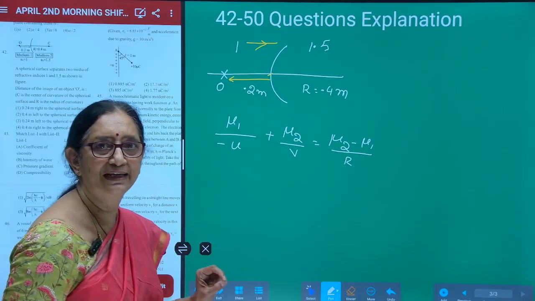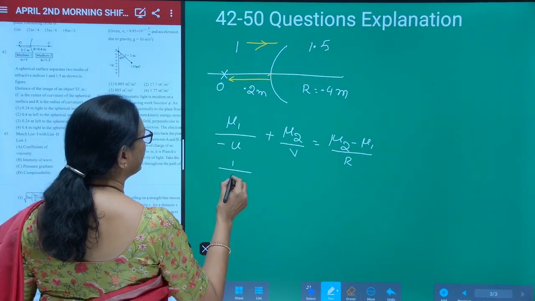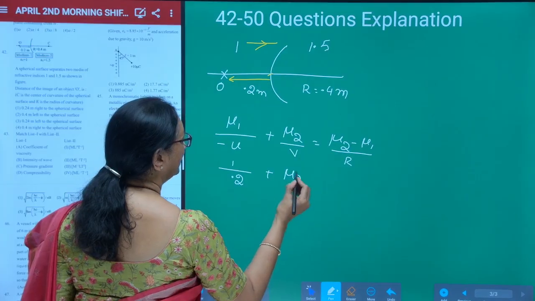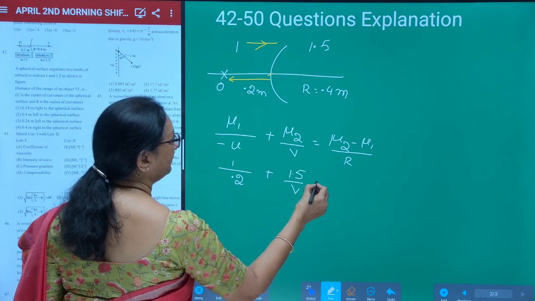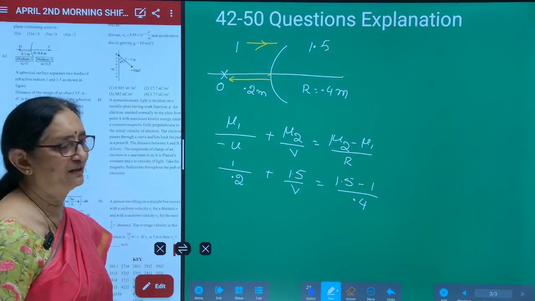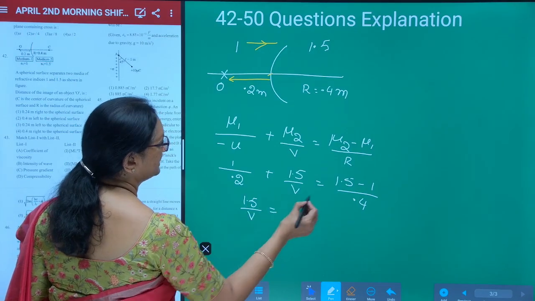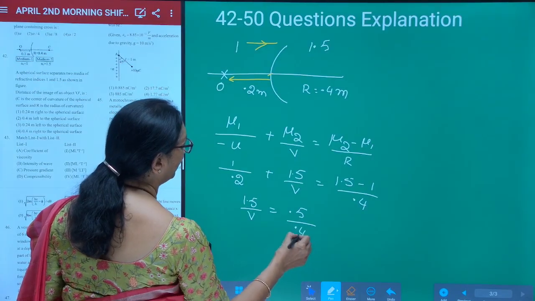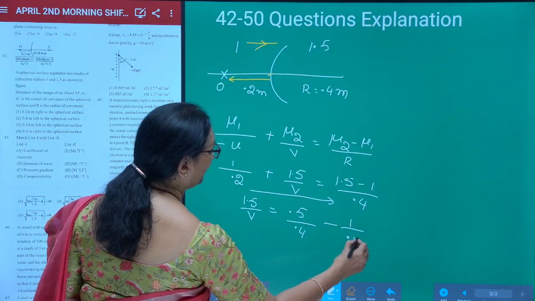So, u has to be taken as negative, then it becomes 1 by minus of minus u becomes plus u, plus mu2. Mu2 is given as 1.5, 1.5 by v. This is mu2 minus mu1 by r, r is given as 0.4. So, here 1.5 by v is equal to 1.5 minus 1 is 0.5 by 0.4, minus, you have to take this to the other side, 1 by 0.2.